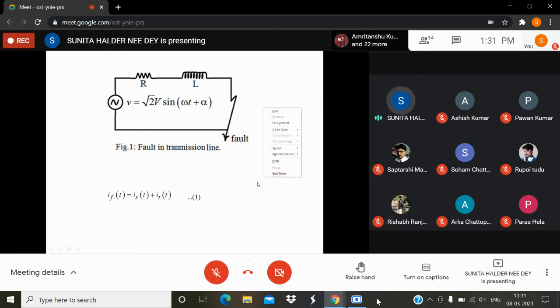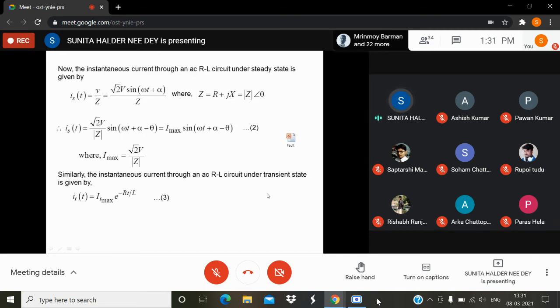Here L by R is the time constant of the circuit. Depending on L and R, the current decay actually varies. If the time constant is more, then the current will decay over a very long time. If the time constant is short, then the current will die down very shortly. I hope you can remember.